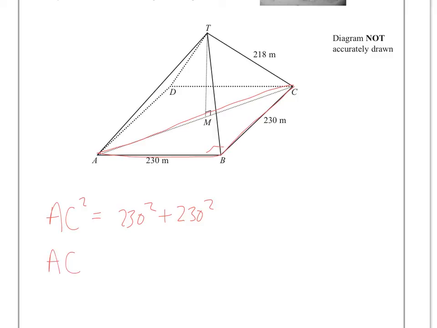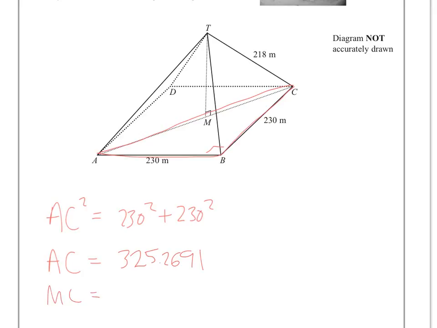That will give me a length AC, the square root of 230 squared plus 230 squared, which equals 325.2691. Now, keep those values in your calculator, so do not leave it as a rounded value.